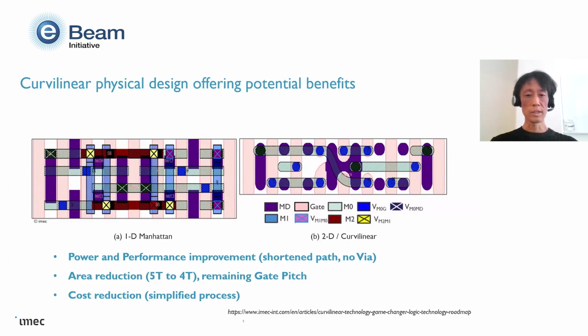Finally, the simplified routing structure may reduce the process complexity and the manufacturing cost by lowering the number of required patterning steps and routing resources. Overall, the curvilinear physical design represents an opportunity not only for better lithographic printability, but also for improvements in the performance, density, and cost at the design level.